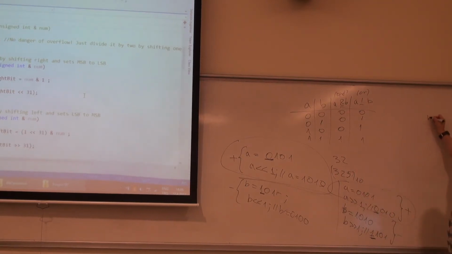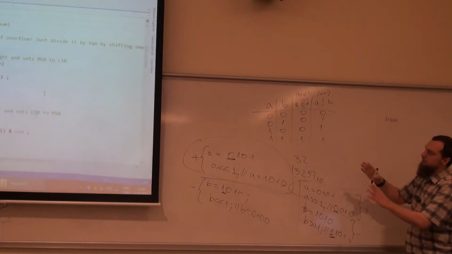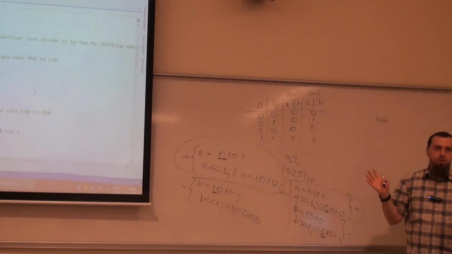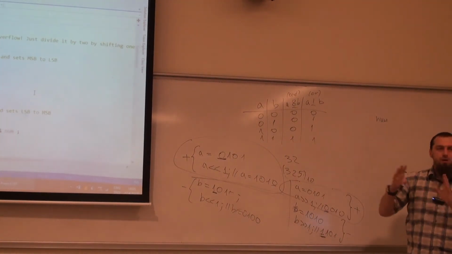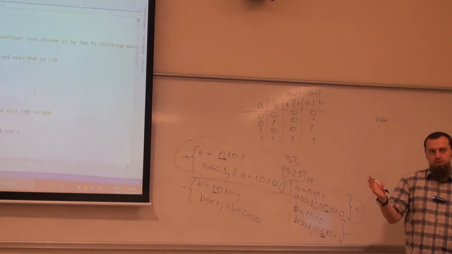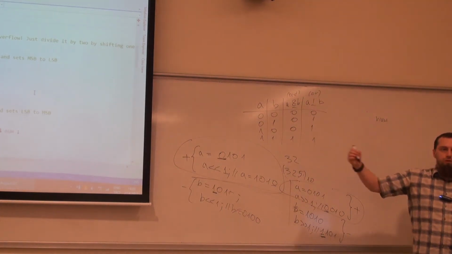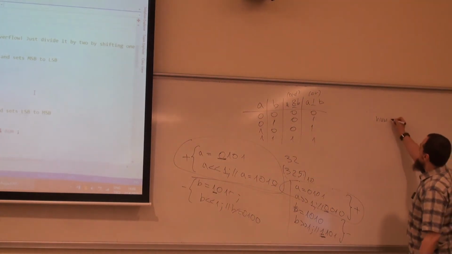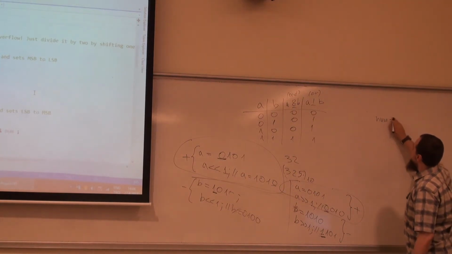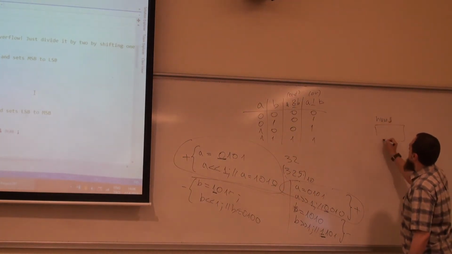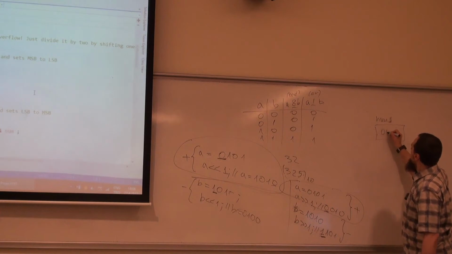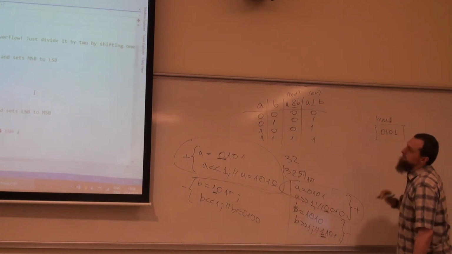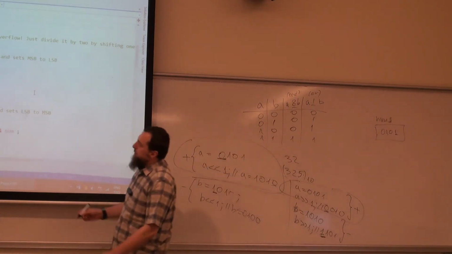Let's say that this is my number. Let's say that I'm working in 4 bits, although integers here are 32 bits. I'll show how it works for 4 bits, and you can expand the logic to 32 bits. So let's say that my number that I'm taking as reference is this one, 0, 1, 0, 1. I want to cycle it.